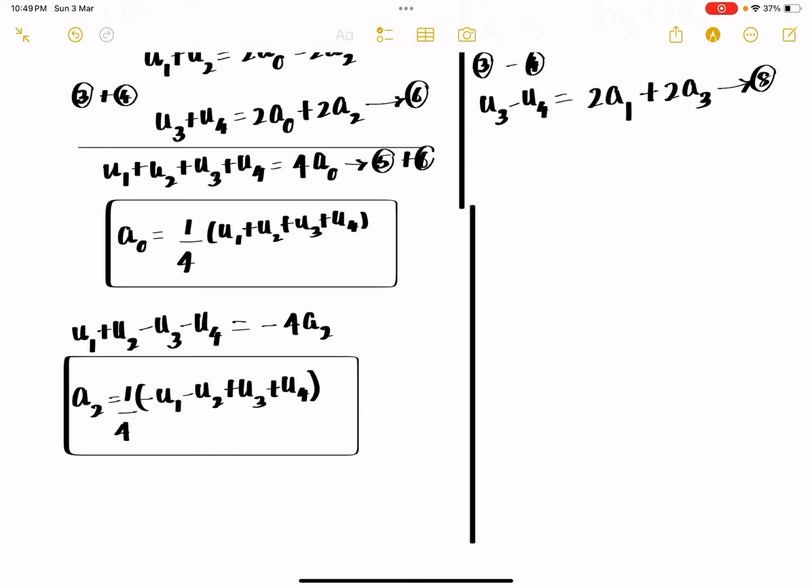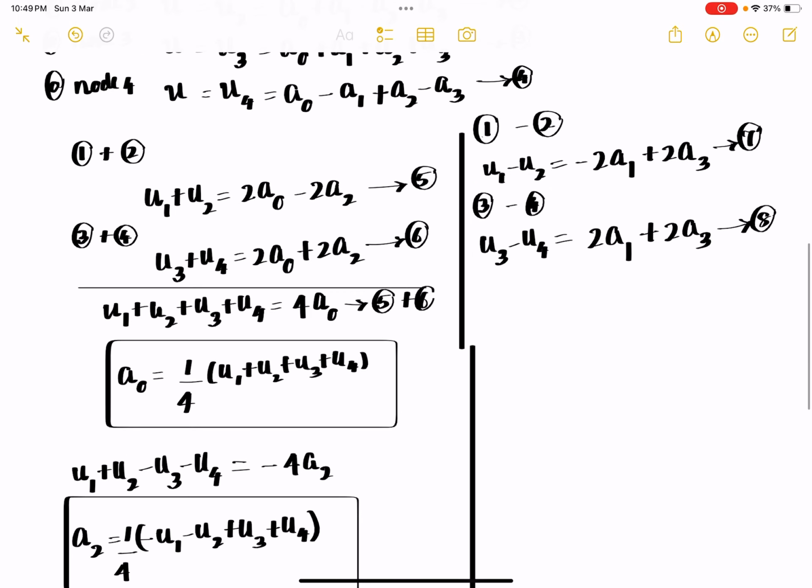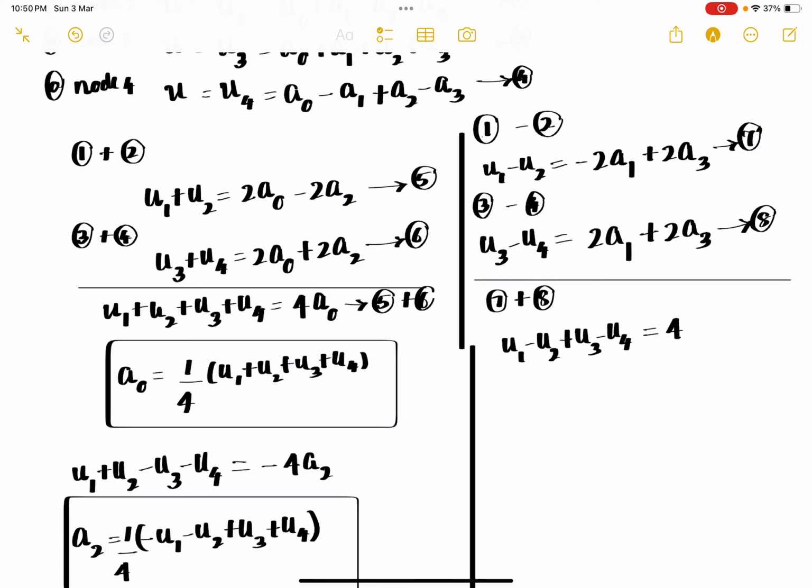In exactly the same manner, I can now solve equation number 7 and 8. So I'm just going to add equation number 7 and 8. Let me see what I get. I get U1 minus U2 plus U3 minus U4 is equal to 4A3.